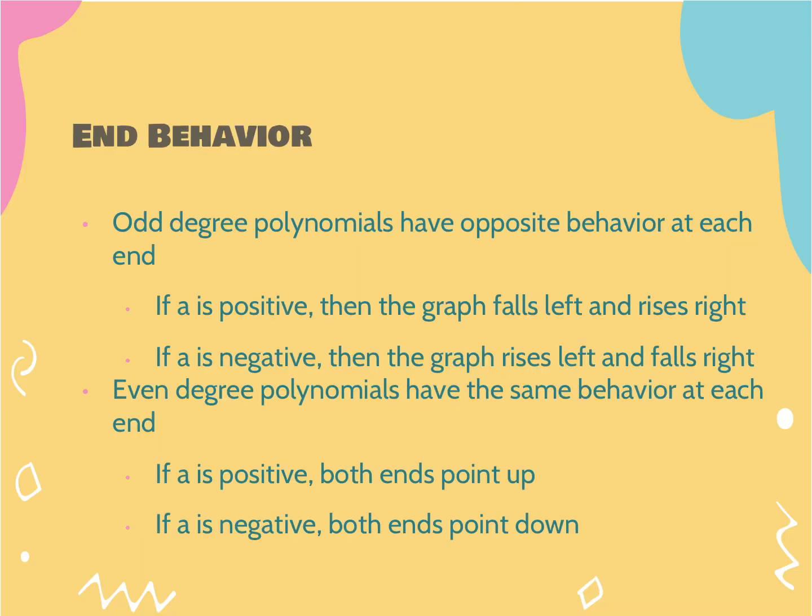Now we'll begin the discussion of polynomial functions with end behavior. But before I do that, I'm just going to quickly go over some things that you might need to know. The degree is going to be the highest exponent, just in case you forget. I know some of these words get lost sometimes.